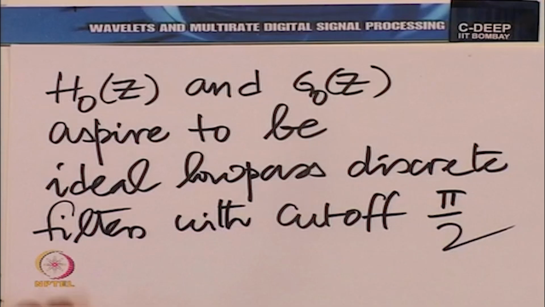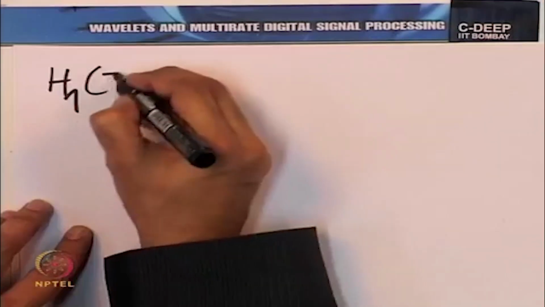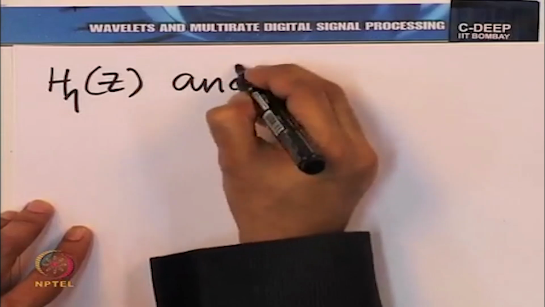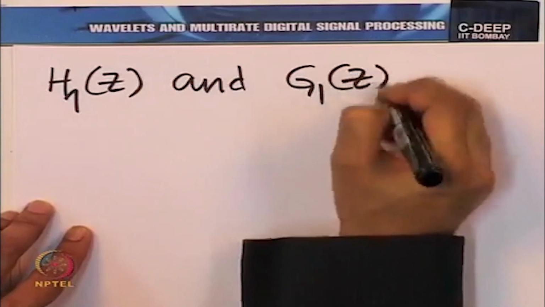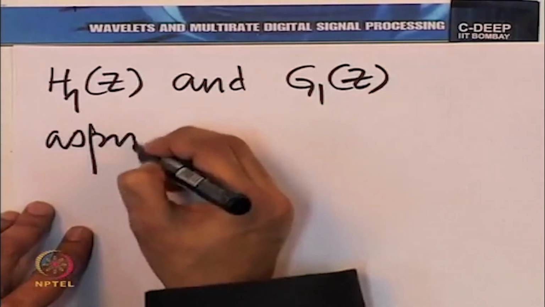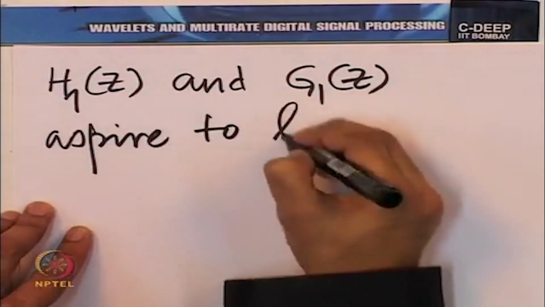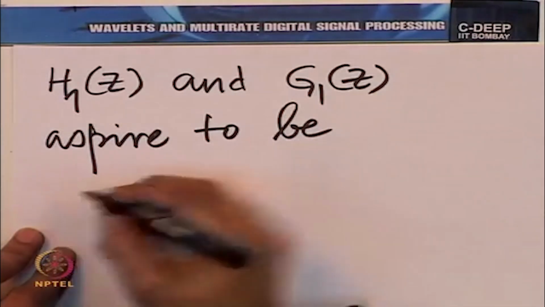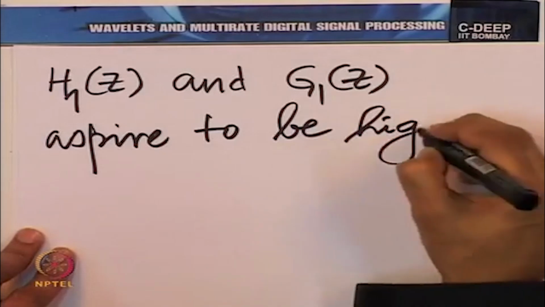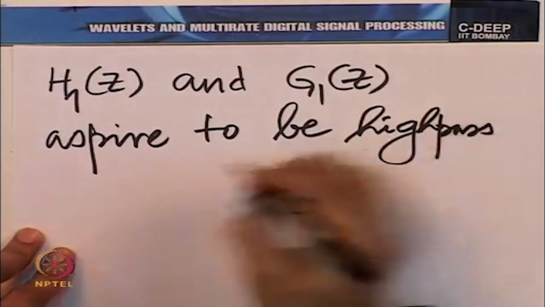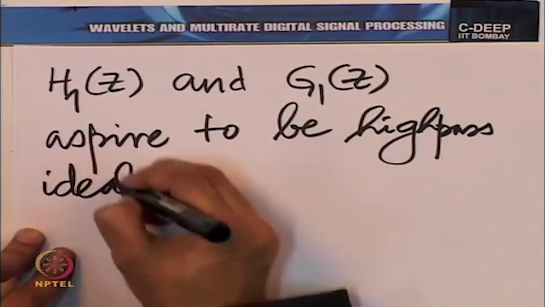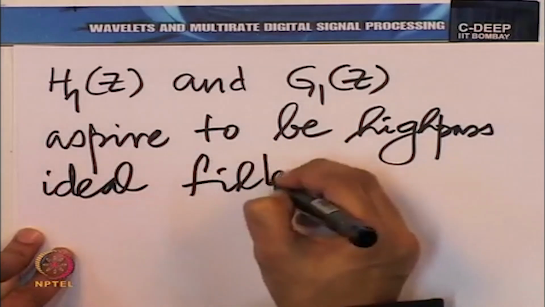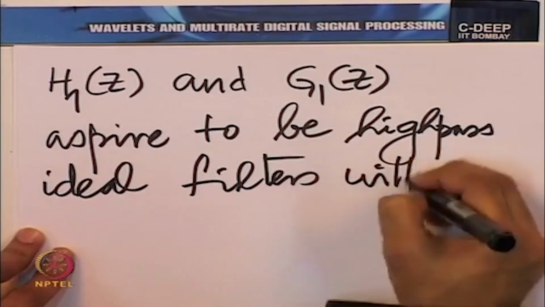H 1 z and G 1 z aspire to be high pass ideal filters with cutoff pi by 2.